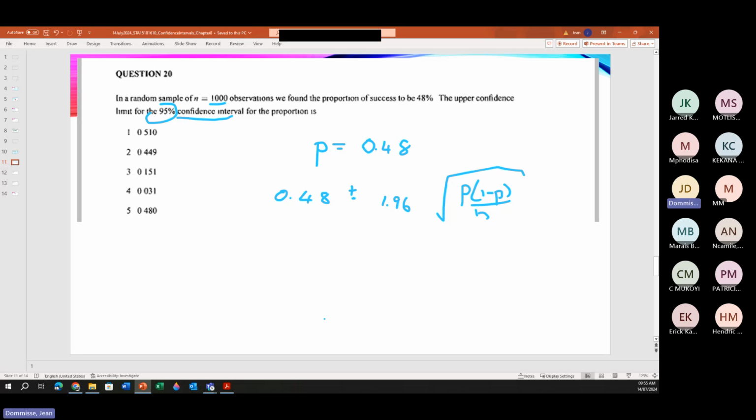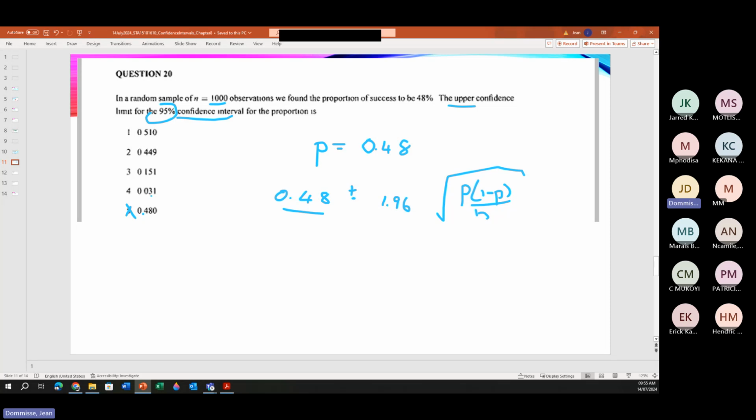Okay, so just before we nearly start with anything, remember confidence intervals. So we're looking for the upper one. The upper one will be more than 0.48. Okay, exactly 0.48, probably not.